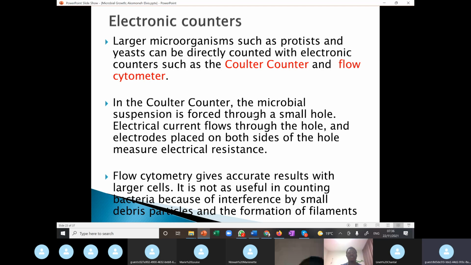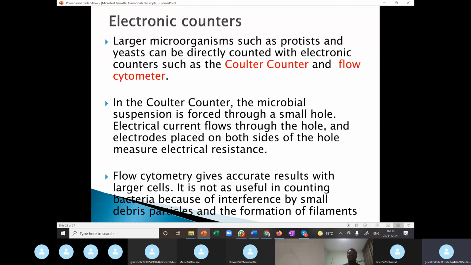Now, when we introduce the sample we want to measure to this hole, we are assuming that microbial cells will obstruct current flow. Whenever there's an obstruction in current flow, we count a cell. Whenever there's resistance in current flow, we count the cells.